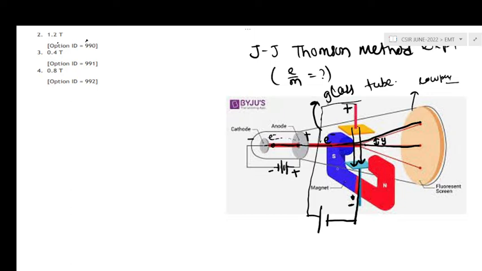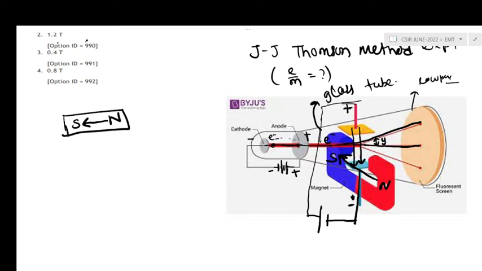See, the magnet is C type, this is the north pole and this is the south pole, and the magnetic flux comes from north to south. So the electron will also experience a magnetic force.